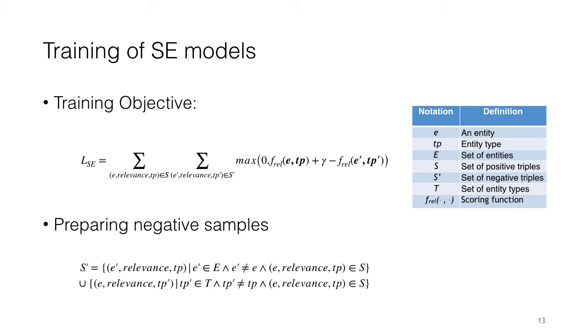We define a margin-based loss function as the objective, similar to other knowledge graph embedding models. This is the same for most of the models, and you can see how we prepare the negative samples in the equation here.